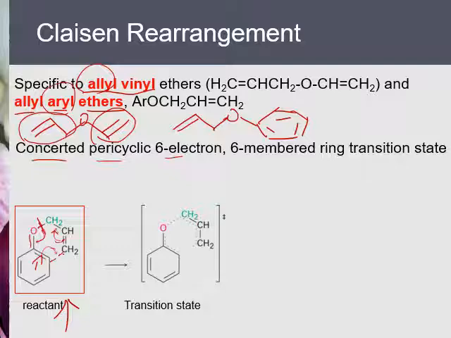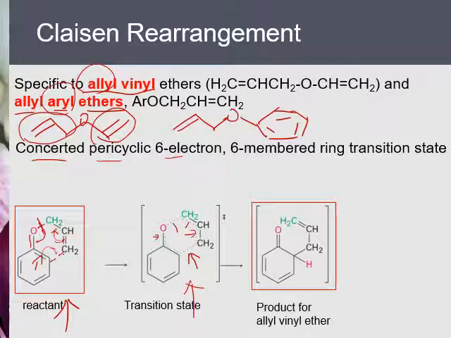Everything happens at the same time through this transition state. The new bonds are almost formed, and the old bond is almost broken. The transition state involves 6 electrons in a 6-membered ring, and then here is the product.